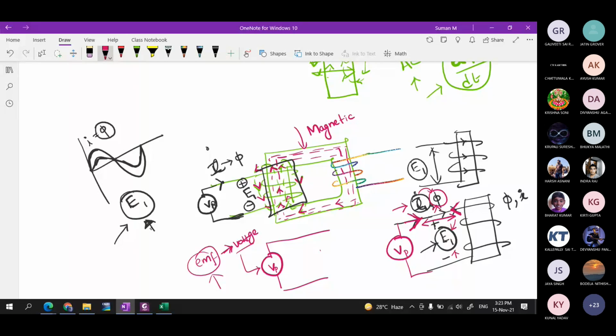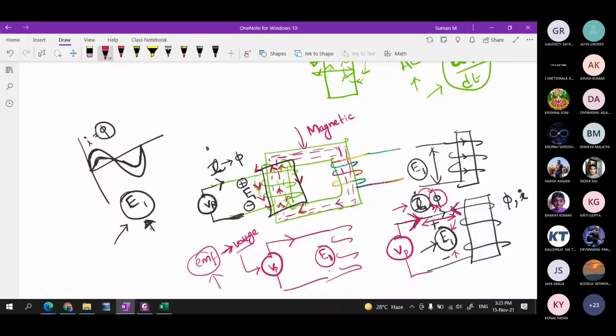Because of this source, some current is there, because there is a winding. Because of this current, some EMF is induced, which is given here. As per Lenz's law, if some EMF is induced and you allow that EMF to supply, then it will oppose the very cause of it.